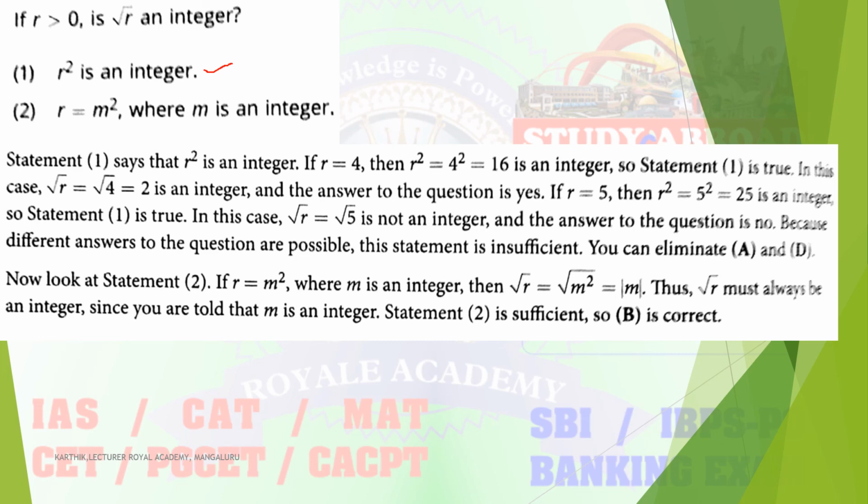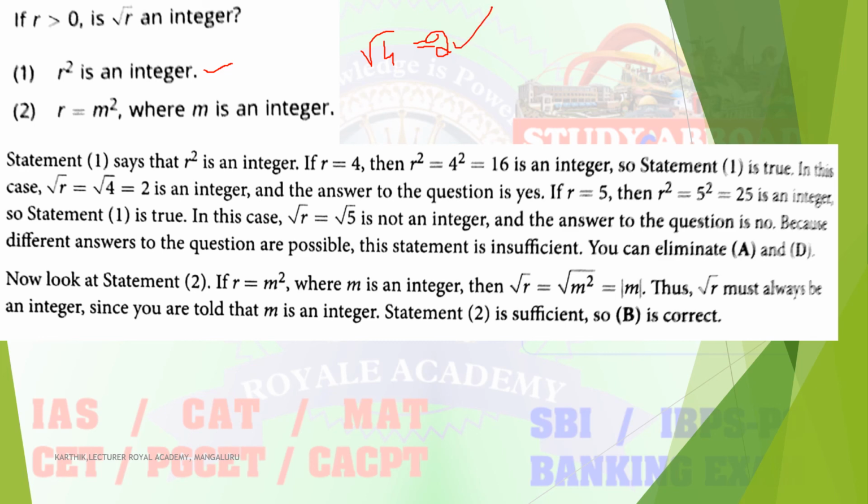Then go for the next condition: the square root of r is an integer. We have taken r is equal to 4. The square root of 4 is equal to 2, and 2 is an integer, yes.